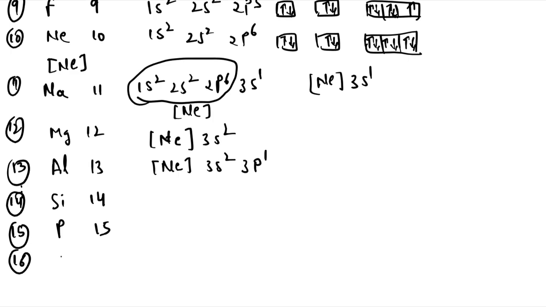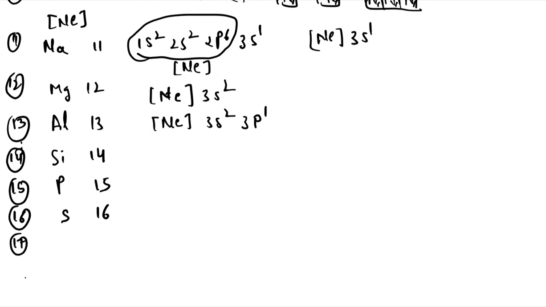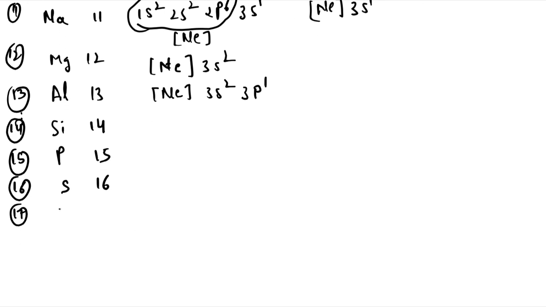Then we have sulfur, available electrons 16. Then we have chlorine with 17 available electrons. And then we have argon with 18 available electrons. I'll write the configuration for argon. For the rest you are supposed to write in the comment box.